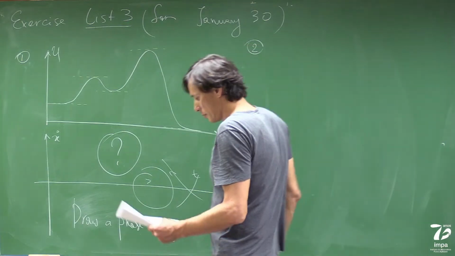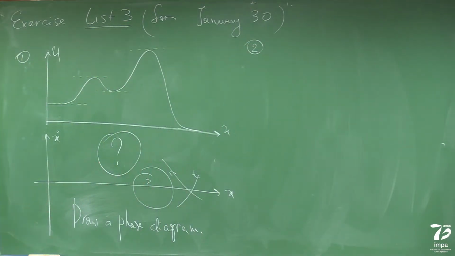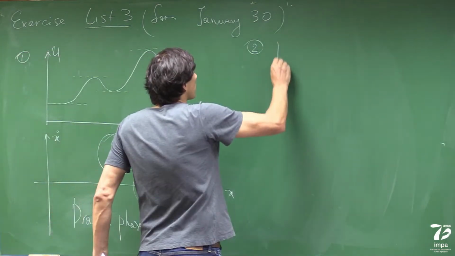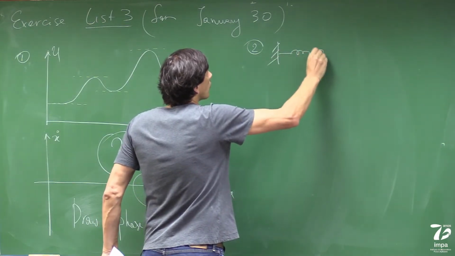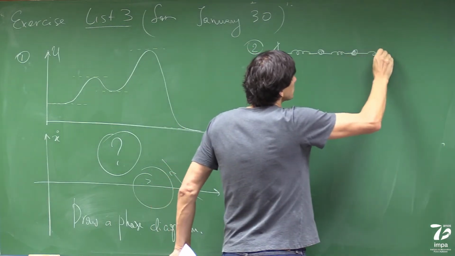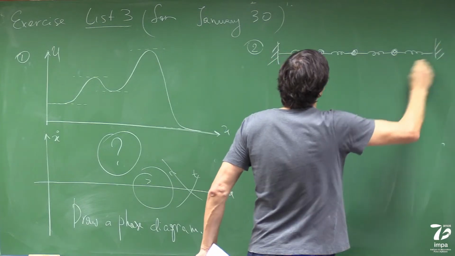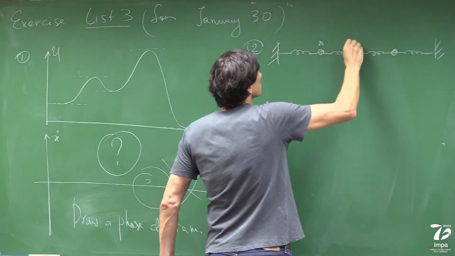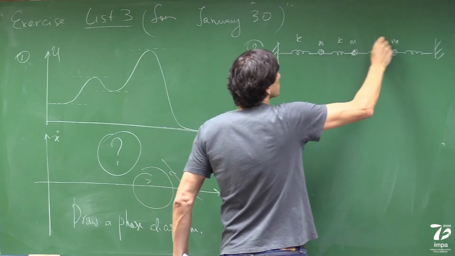The second problem will be just the one that we considered, but now we'll make it harder. We put 3 masses, so 3 identical masses with 4 identical springs.